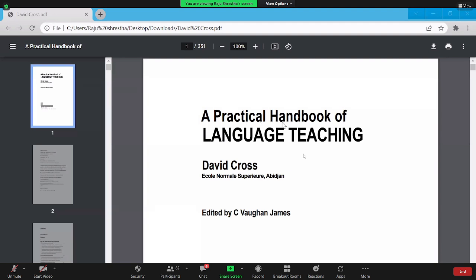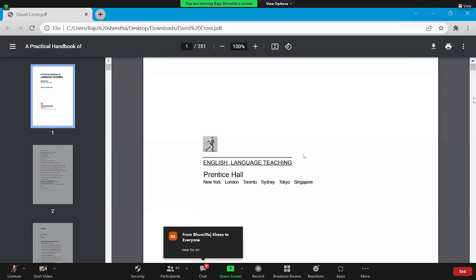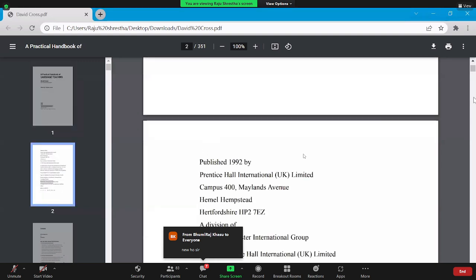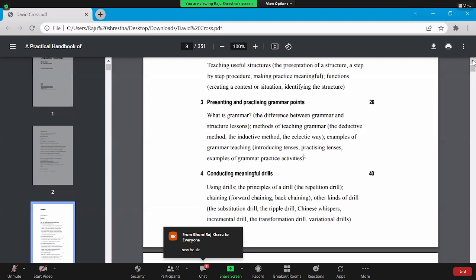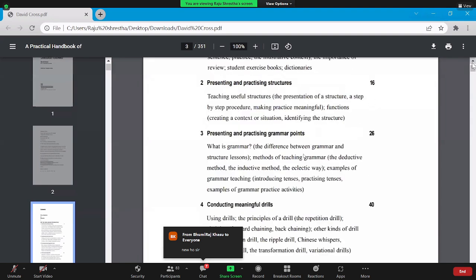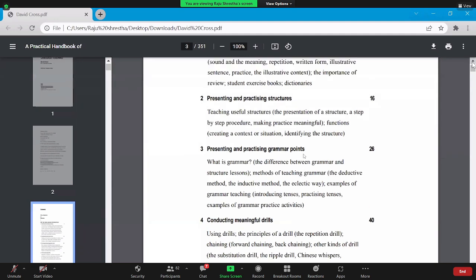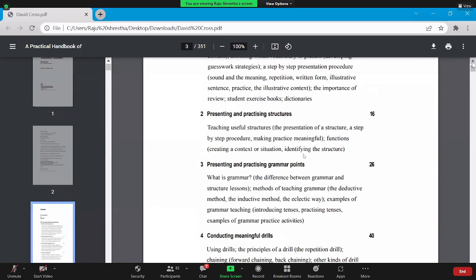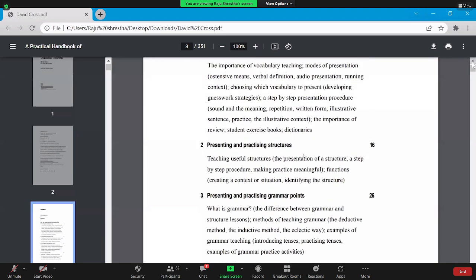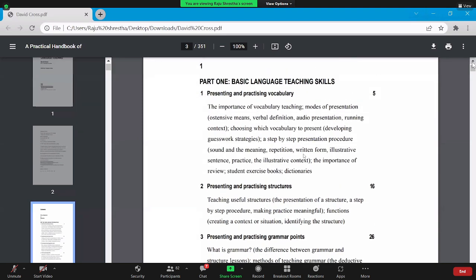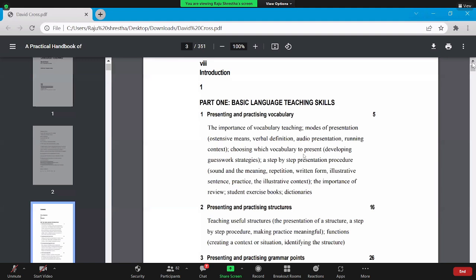This is A Practical Handbook of Language Teaching by David Cross, and many activities are here. I have borrowed many ideas from here, and we can download it. For example, this is the content. The first one is about presenting and practicing vocabulary.